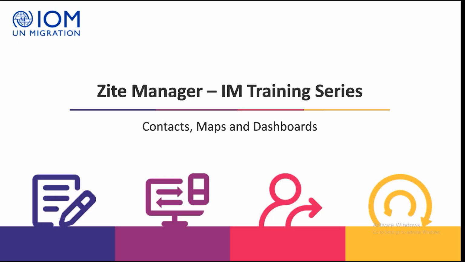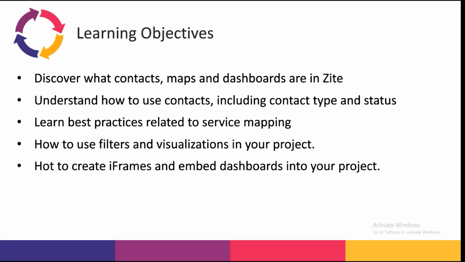So yeah, let's start and go through what our learning objectives are. Contacts, maps, and dashboards. First, we'll be discovering what they are in Zeit and where to find them. We'll also understand how best to use contacts. Two of the important parts there are contact type and contact status, which mirrors to some level site type and site status.